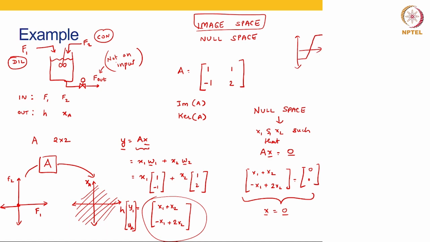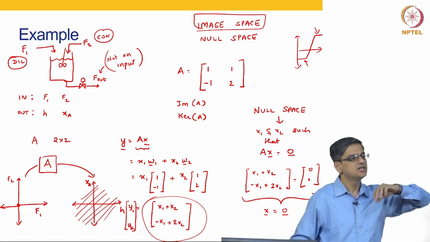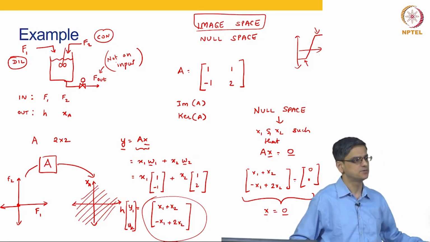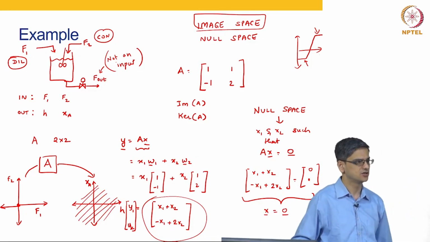Anything beyond 0.5 will get truncated at 0.5, and anything below minus 0.5 will get truncated at minus 0.5. This is a hard non-linearity. A linear model is incapable of capturing that non-linearity.